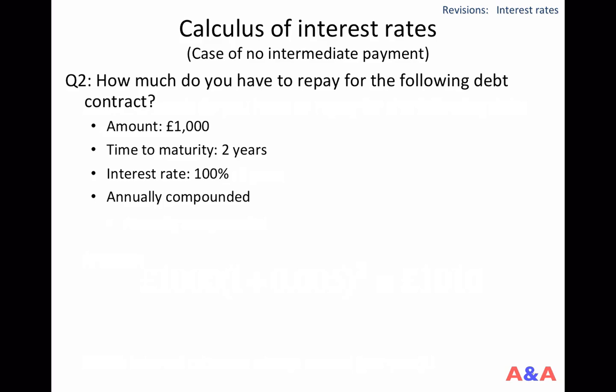Question 2. How much do you have to repay for the following debt contract? Amount borrowed is again £1,000, time to maturity 2 years. Interest rate is now super high, 100%. And it's annual compounding.